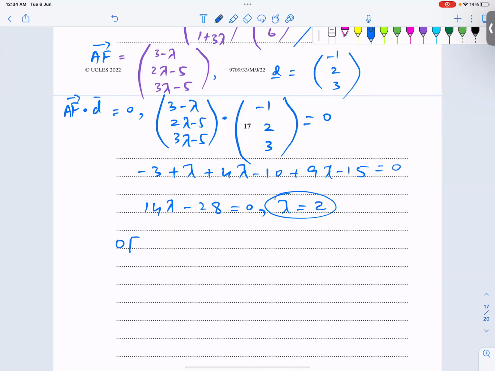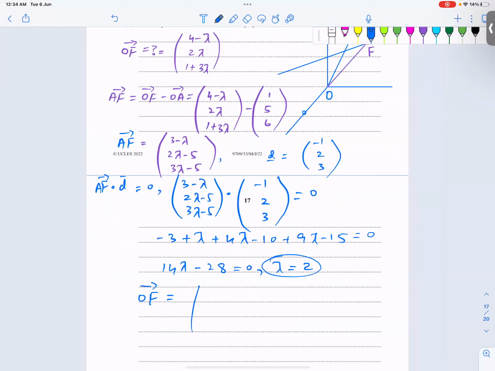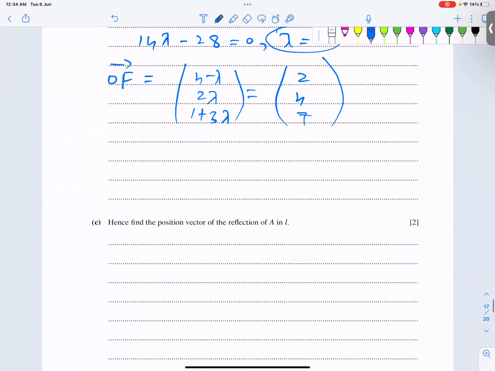So put this lambda above to get OF. So OF will be (4 minus lambda, 2 lambda, and 1 plus 3 lambda). Just put this value above, you will get 2, 4, and then 7. So this was the foot of the perpendicular from above.